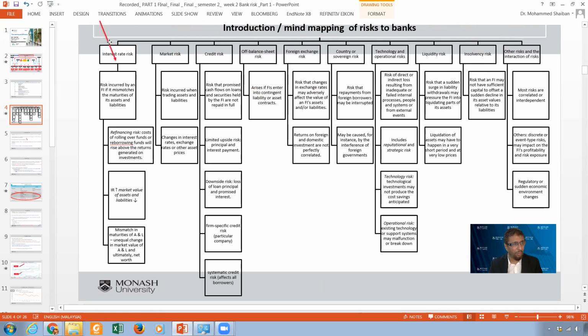For example, the interest rate risk, I define it here, and then I talk about some of the causes of this risk. I did the same for market risk, but all of this information is reflected on the slides that are coming, so I will not spend much time on it. But you can use this map to study and to look at the whole picture of those risks and this semester.